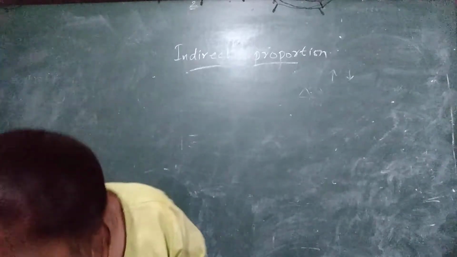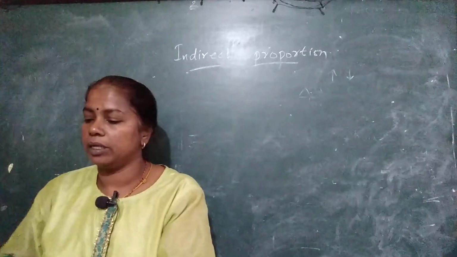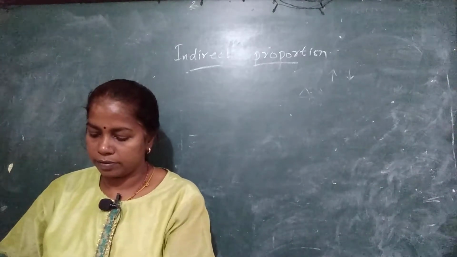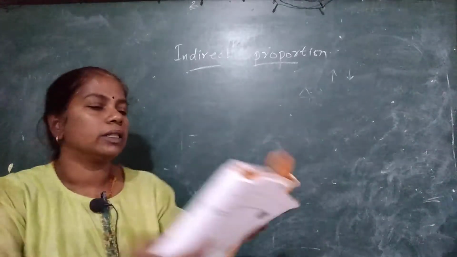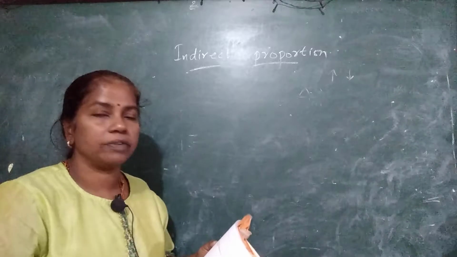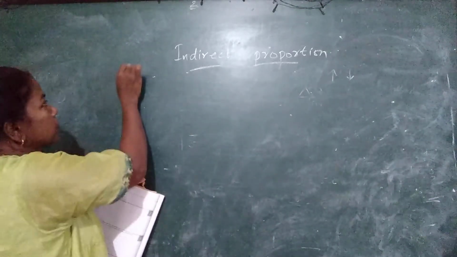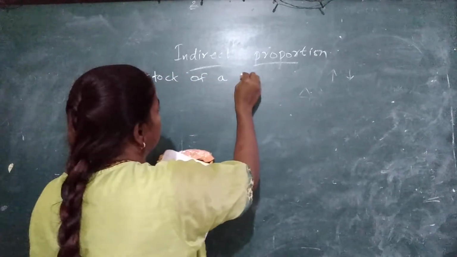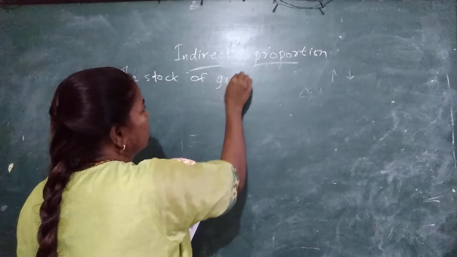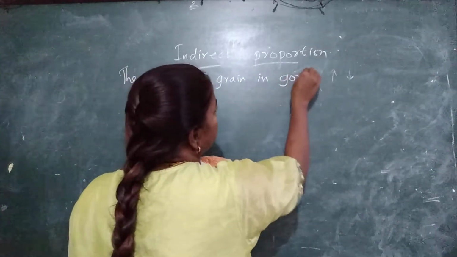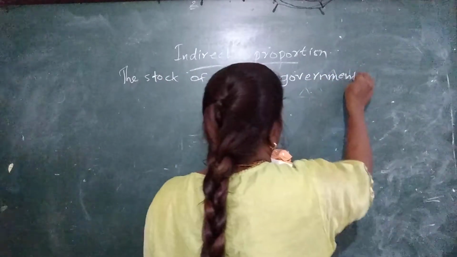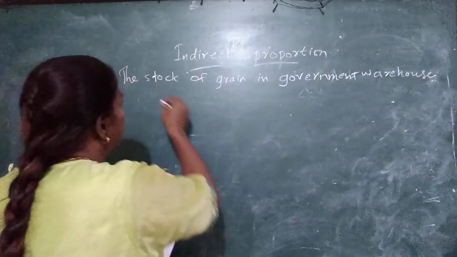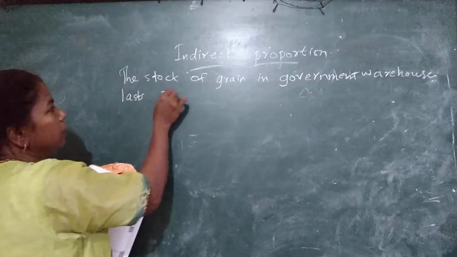Now, the next question which I am going to take from the textbook. See, the question is: the stock of grain in a government warehouse lasts for 30 days.